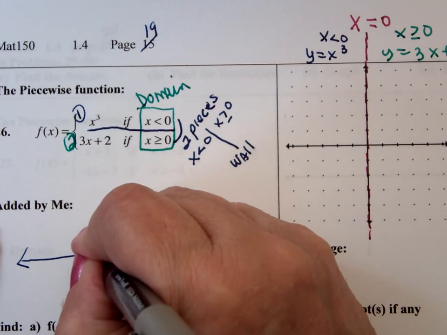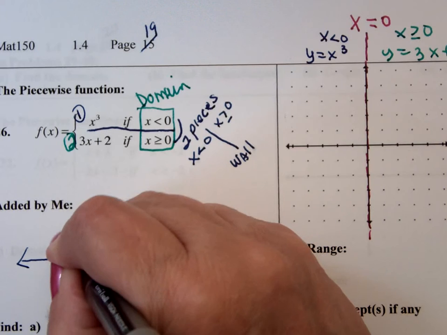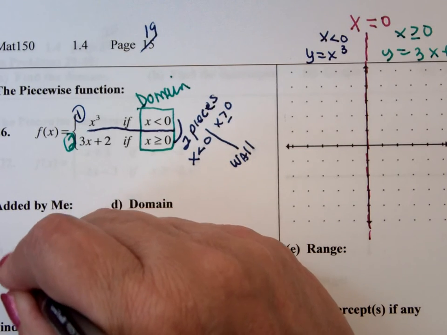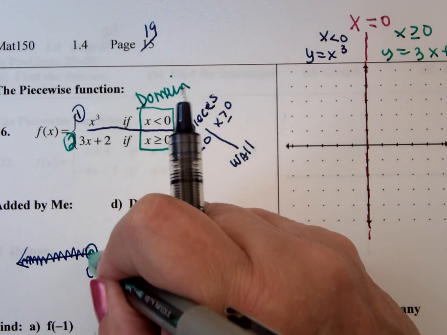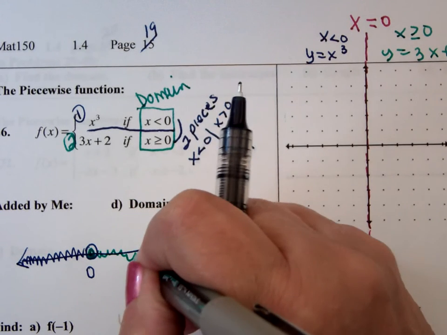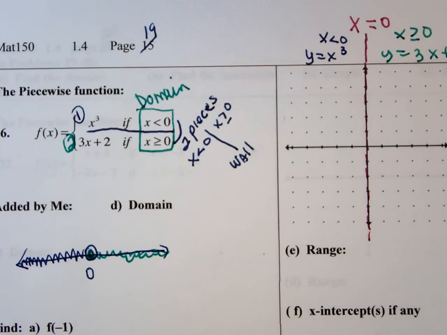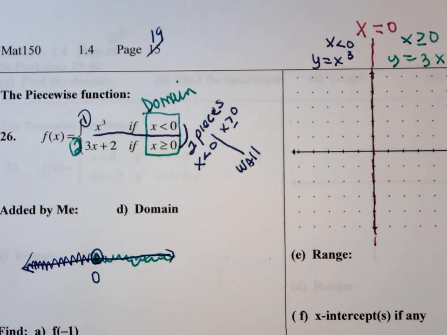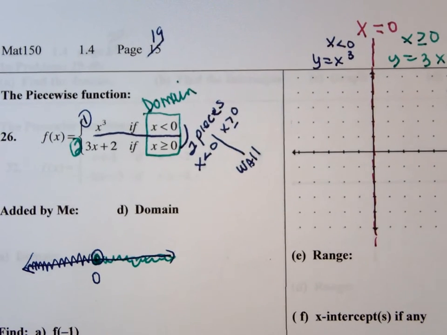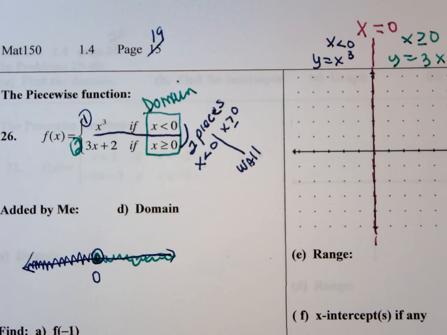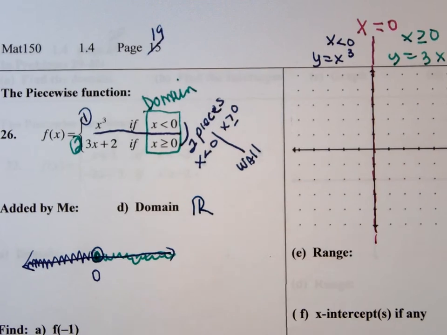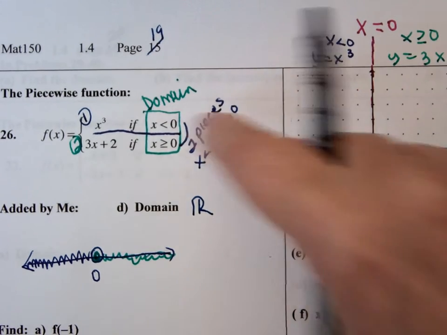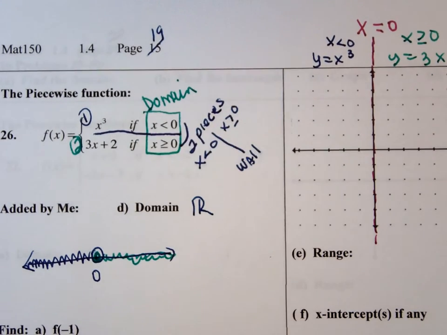Graph 1 says all x's that are smaller than 0. Graph 2 is greater than or equal to 0. What is shaded? Completely shaded, the whole number line, which is all real numbers. So the domain is all real numbers. Range, I'm going to have to get off the graph.